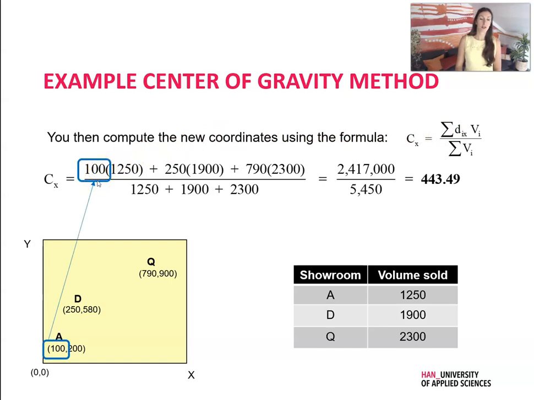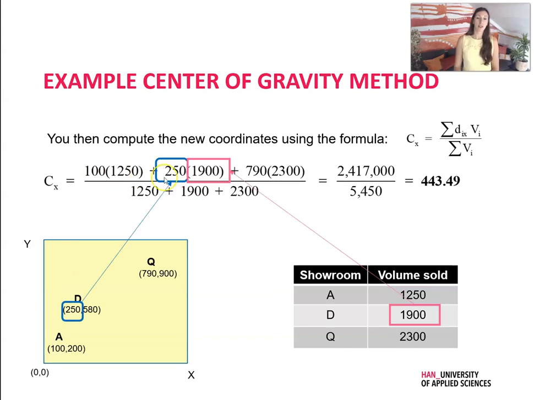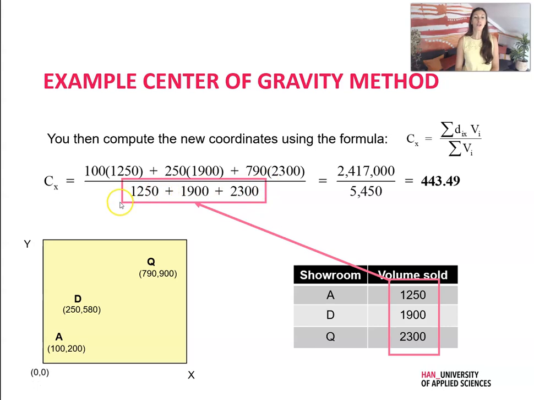The x coordinate of A is 100, and we multiply that by the volume of A. See that? And then we repeat the same for location D. The x coordinate is 250 and 1900 is the volume. And of course, here is the same for location Q. And at the bottom, we just add all the volumes together.